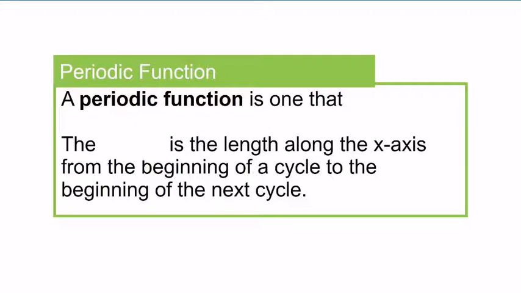So a periodic function is one that repeats, and the period is the length along the x-axis from the beginning of one cycle to the beginning of the next cycle. Now every period should have the same length in a periodic function, and so you can subtract any beginning point of one cycle from the beginning point of the cycle before it, and that will give you the period.